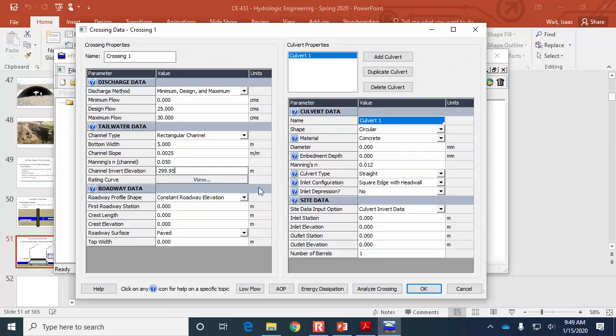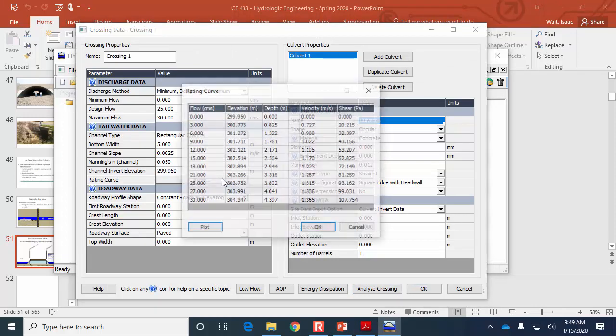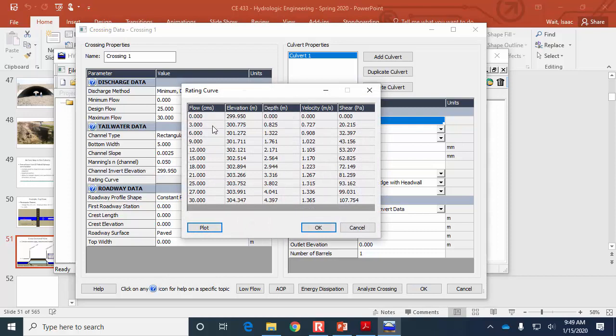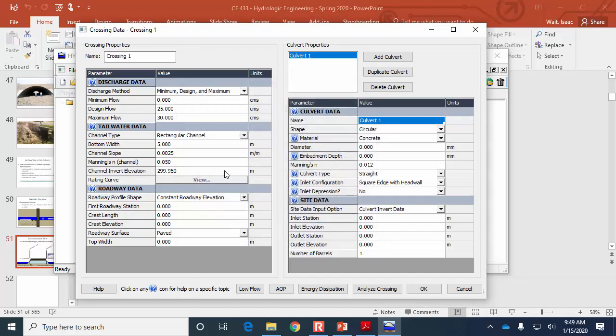If you click on view, what it generates is a rating curve that tells you when you have a certain flow rate going through that channel, what's the depth of flow. So it's solving Manning's equation to find out for a certain flow rate and for the geometry that you've described in that channel, what would be the Y, the normal depth, assuming uniform, steady flow. You don't have to view that, but it's available if you want to get an idea of the capacity of the channel downstream.